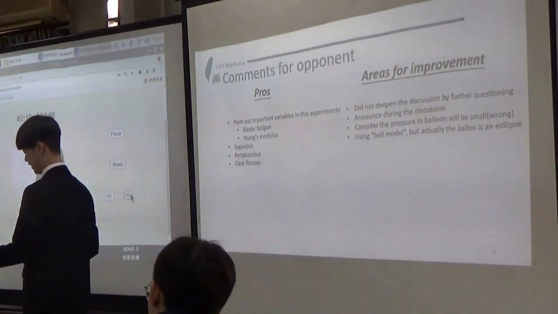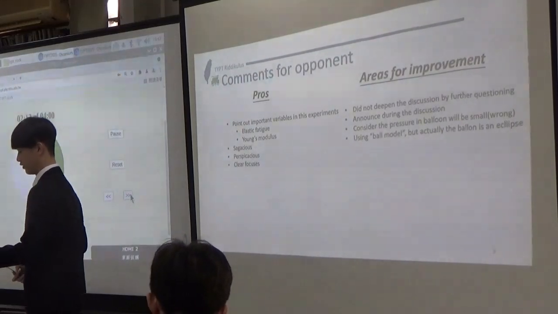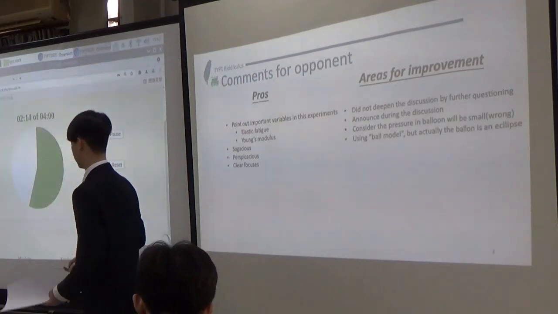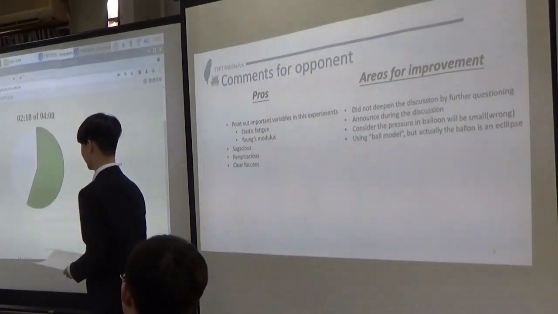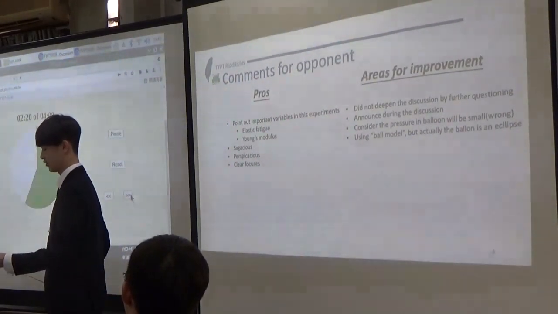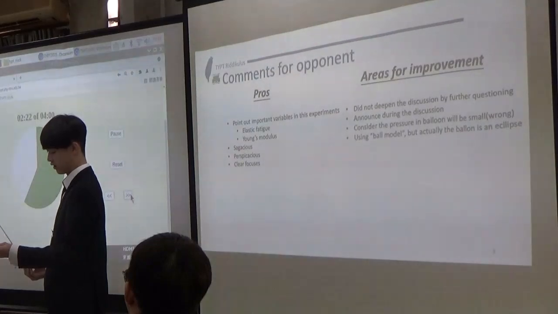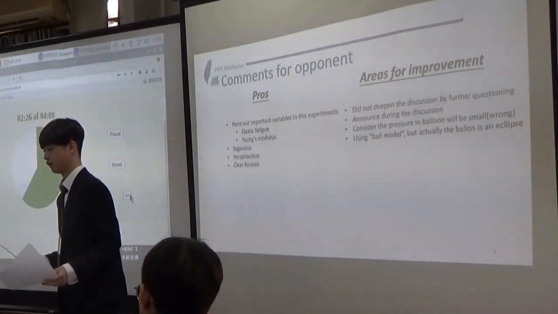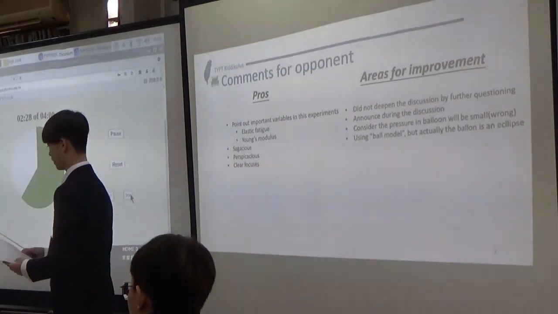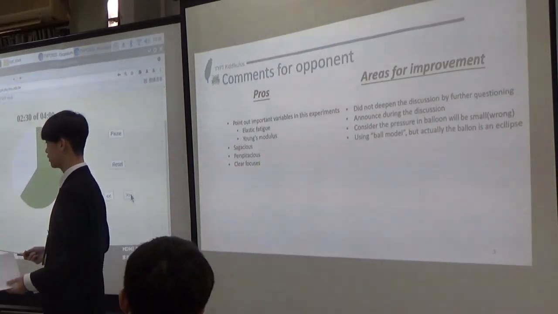The opponent also suggests using another theory to describe the gas instead of the ideal gas equation. I have also asked a few questions, like following up on the Young's modulus questions.